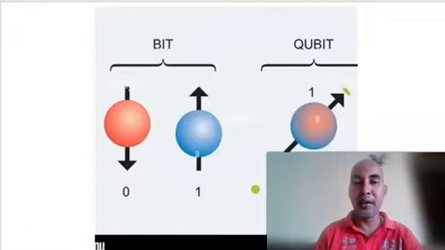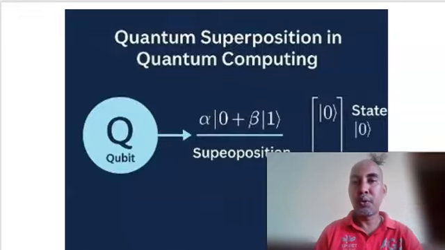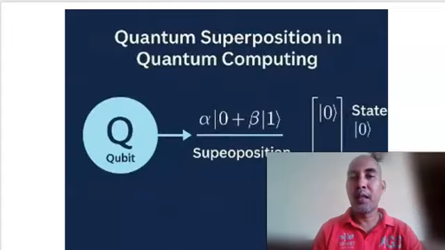That will lead to numerous positions. So due to the superposition concept, the qubit or the quantum bit will not be available only in 0 and 1. It will be available in numerous positions.